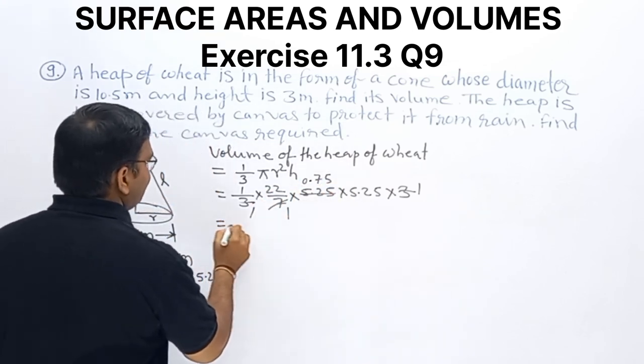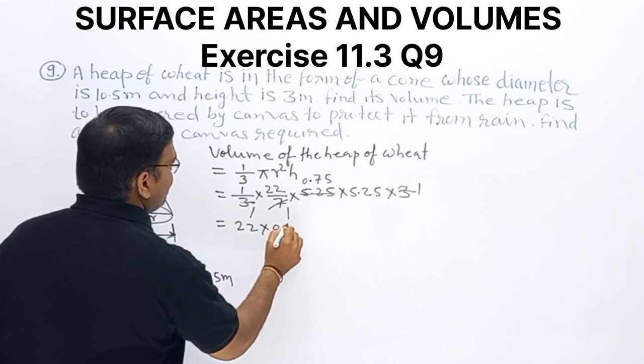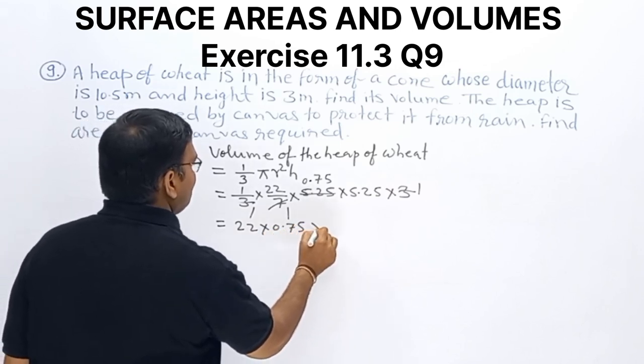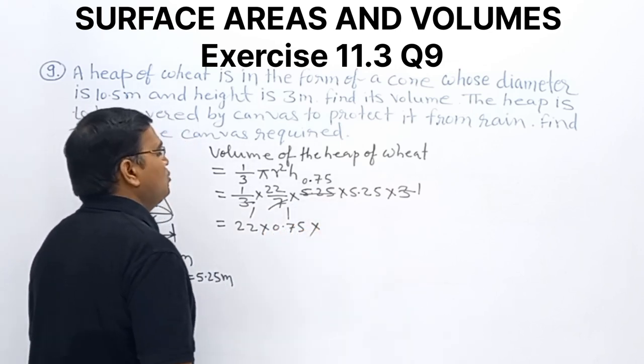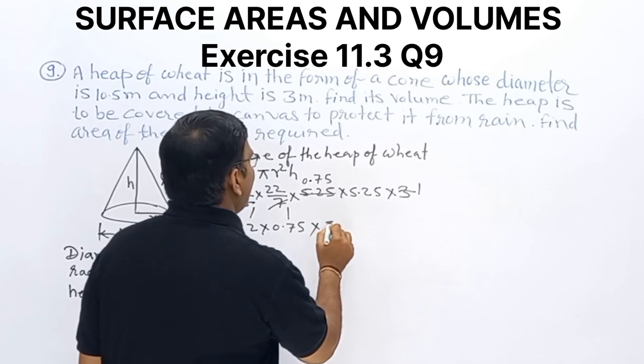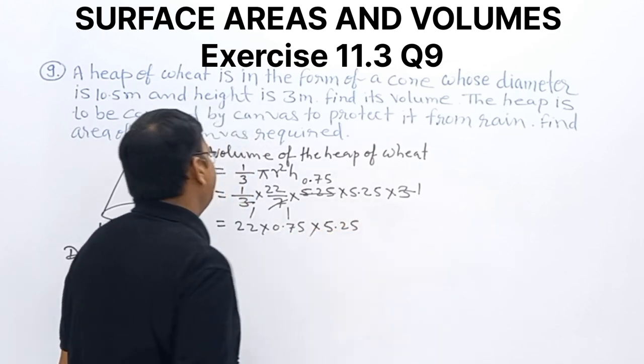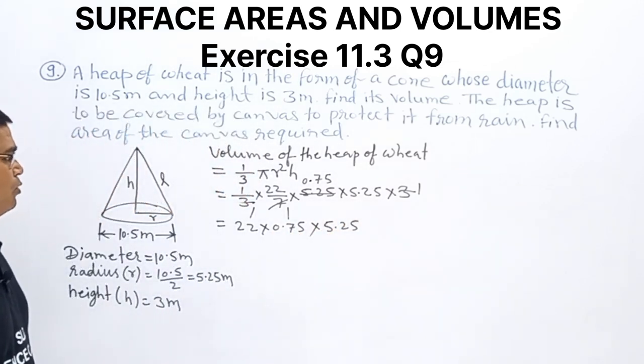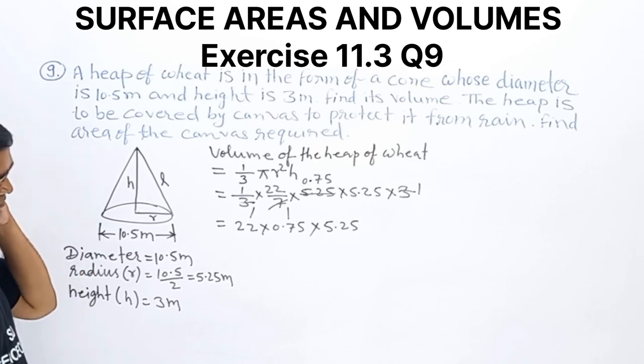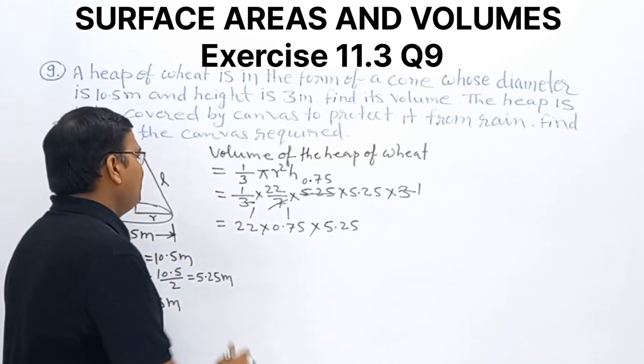So what we are getting? 22 into 0.75 into 5.25. So multiply this one.